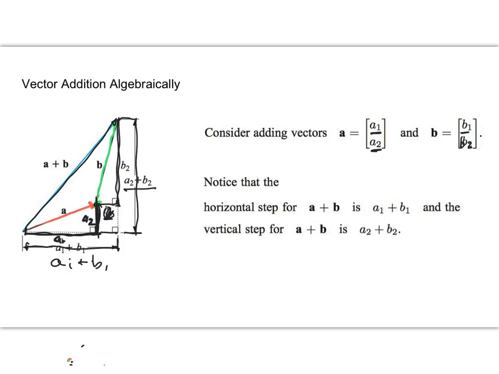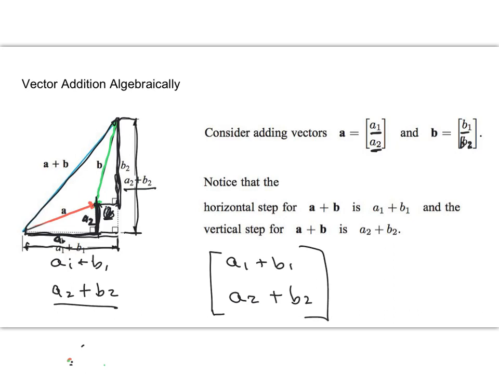A2 is this distance, B2 is this distance. So if I wanted to add these together, for the x component, I have A1 plus B1, and for the y component, I have A2 plus B2. And that gives me those two vectors added together.